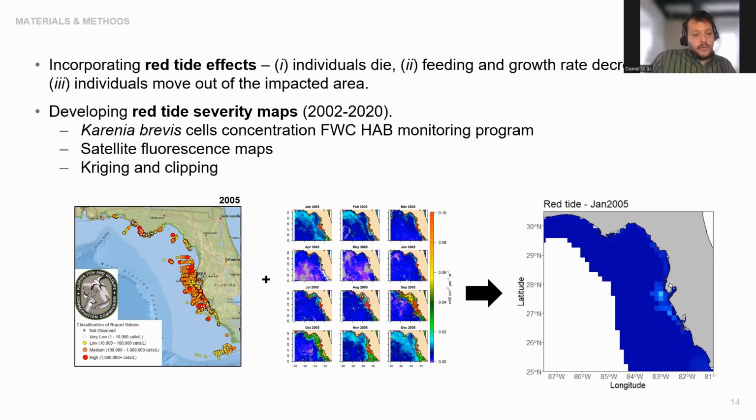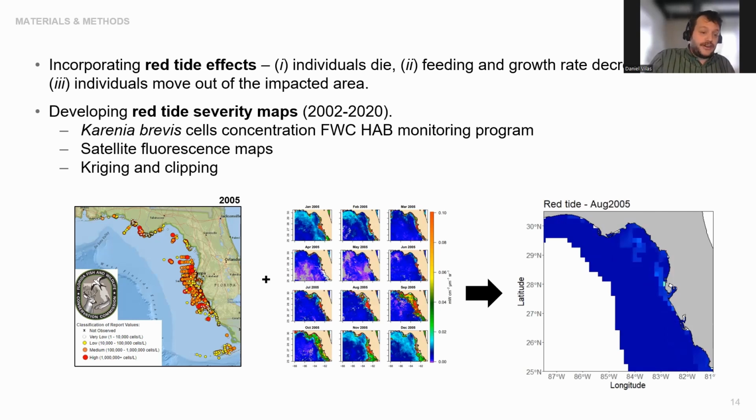First we created those observations, but because of the nature of the sampling design, which is very localized and opportunistic sampling, we needed to set some boundaries. So we took the satellite fluorescence map and created polygons in order to clip the kriging from the concentration of Karenia brevis.